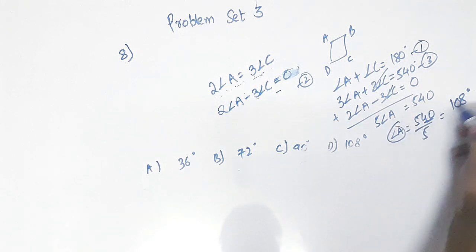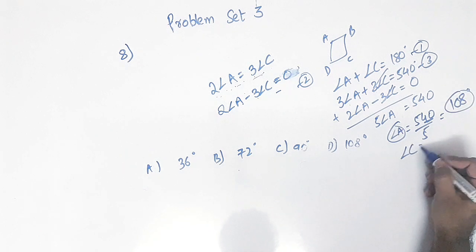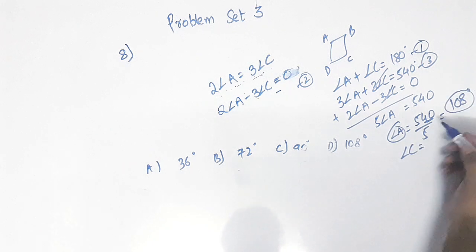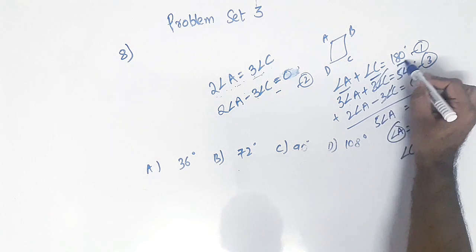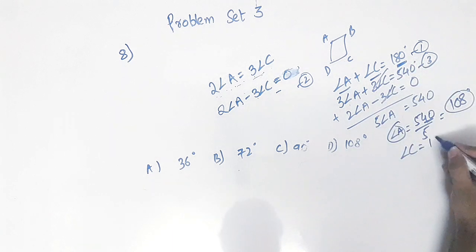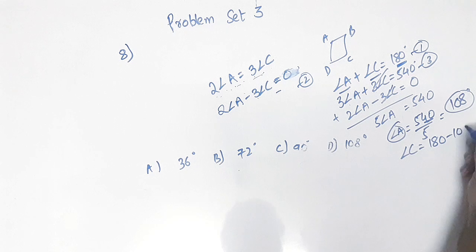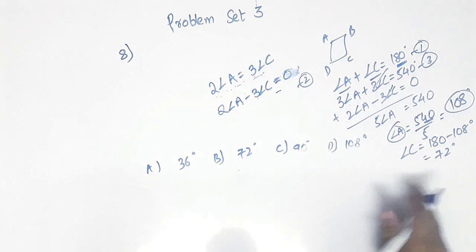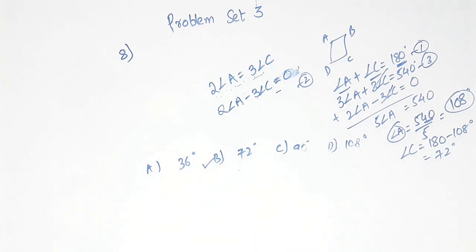But we don't want angle A, they have asked us what is angle C. If you see, angle A plus angle C is 180, so angle C will be 180 minus angle A, 108. So it will be 72 degrees. So your answer is 72 degrees.